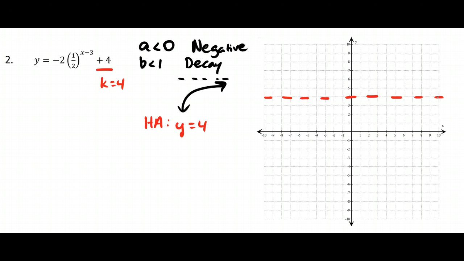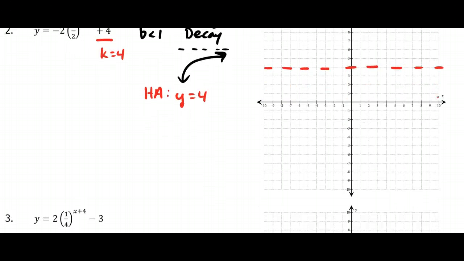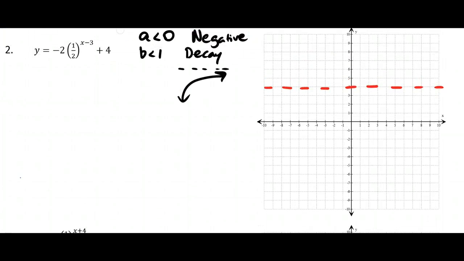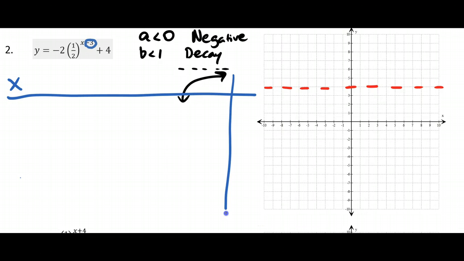Okay, now what I'm going to do is set up my t-chart, and again I'm going to pick values based on what my h value is. My h value again is going to be opposite of this sign up here. So since I see a -3 up there in my exponent, that means my h value is going to be +3. So when I set up my t-chart, I'm going to use +3 as my middle value.